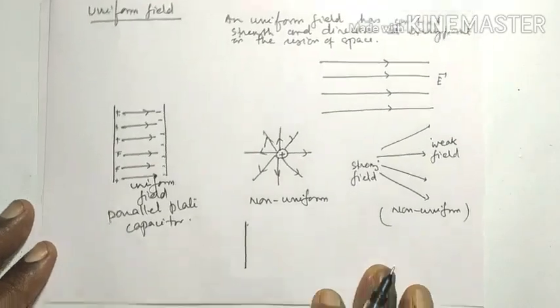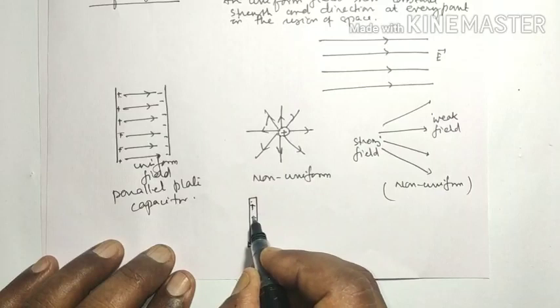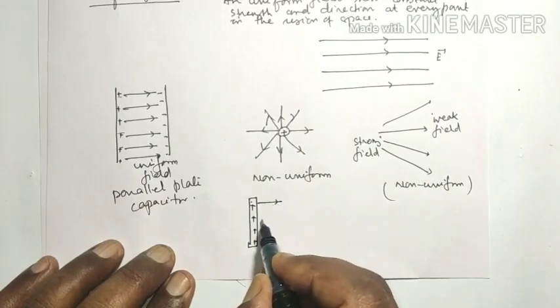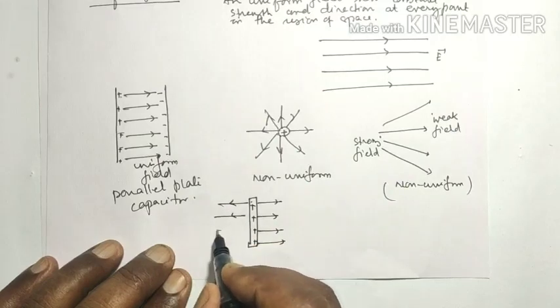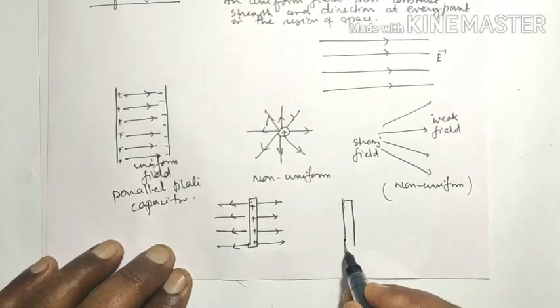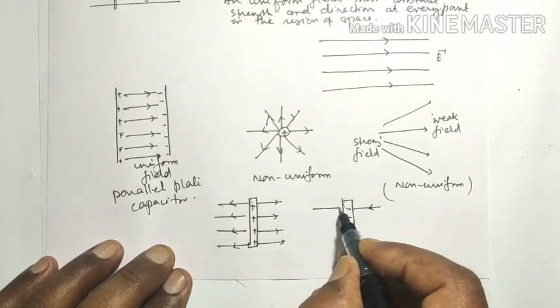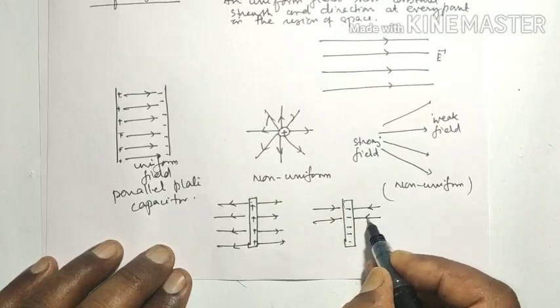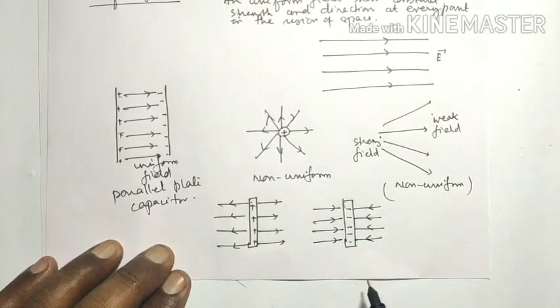Field due to a positively charged sheet is uniform. Similarly, fields due to negatively charged sheets are also uniform. Here the field is inward. The arrows are pointing inward.